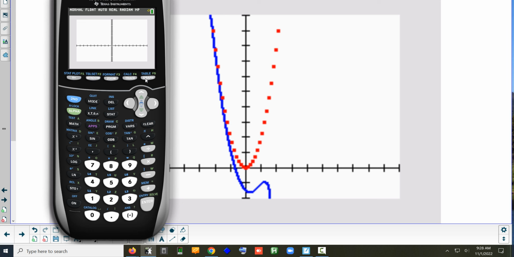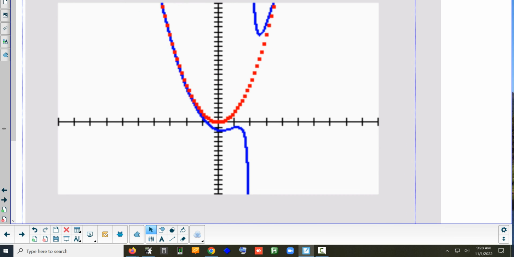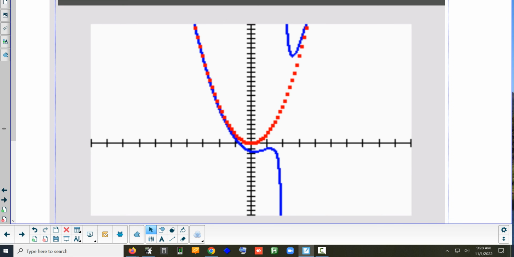Because I should see the graph in blue continuing on the other side. It can't connect because there's a vertical asymptote. But now I can see it on the other side. And if I make it bigger, you can see that the graph in blue is getting closer and closer as you head to the left and to the right to that curved asymptote.